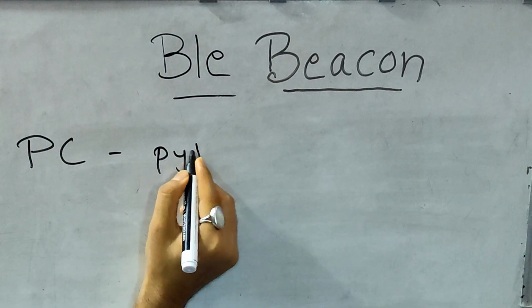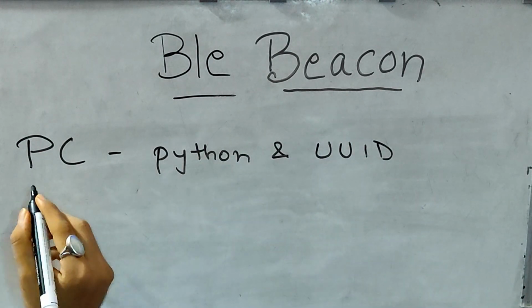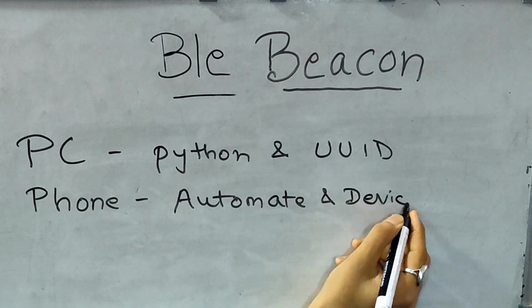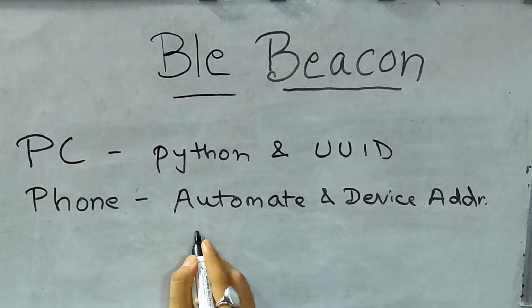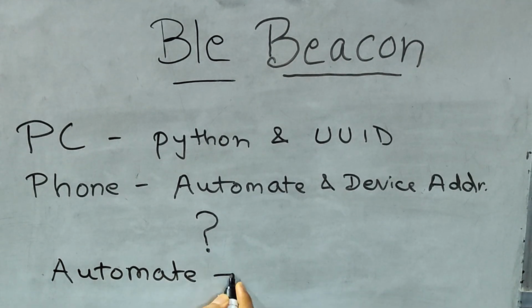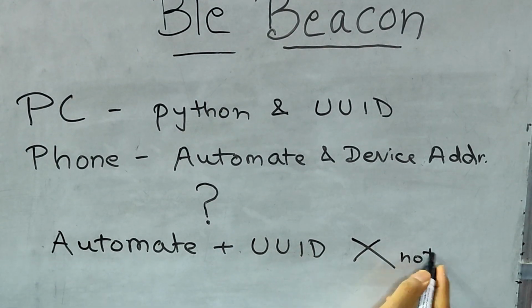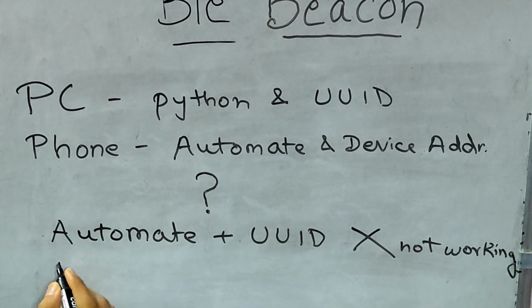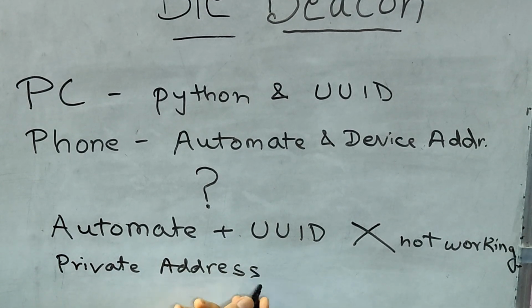Let's just pause here and talk about identification. On our PC, we used the service UUID for beacon identification. But here, we rely on the device address. Why the change? Well, Automate doesn't easily support UUID based filtering. Believe me, I tried, unsuccessfully.